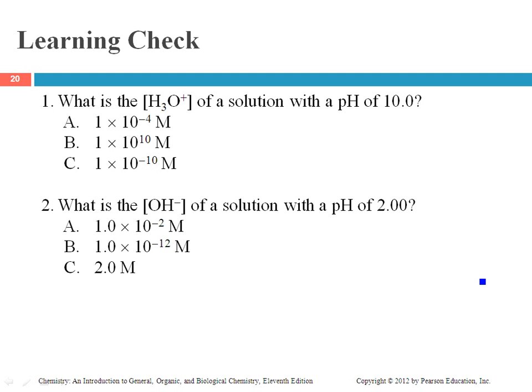Now that we've shown how to rearrange the equation, we find the hydronium concentration by plugging in second function log of the negative pH. Once again, we have an even number, but this is just to get you used to your calculators. We should end up with 1 times 10 to the negative 10th power molarity.